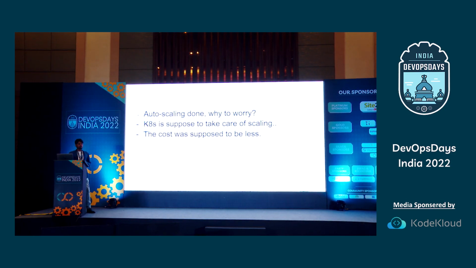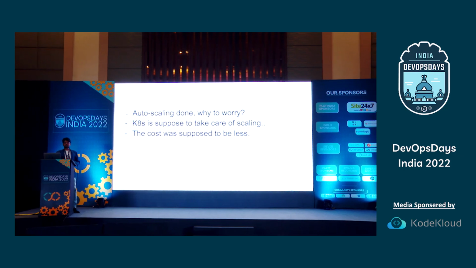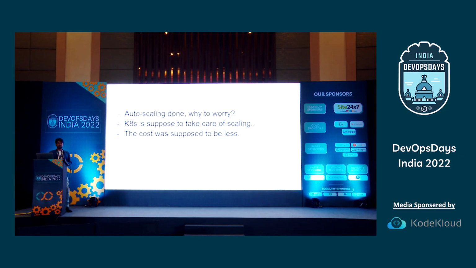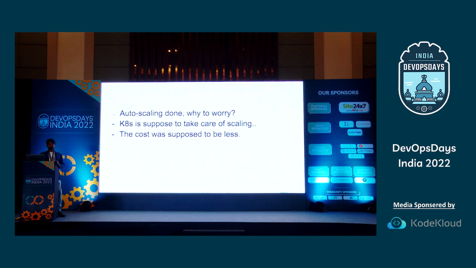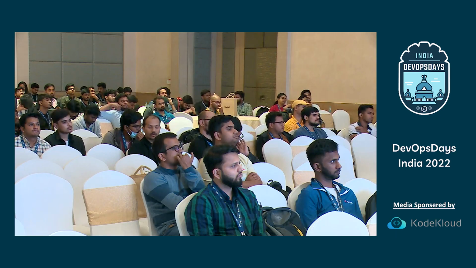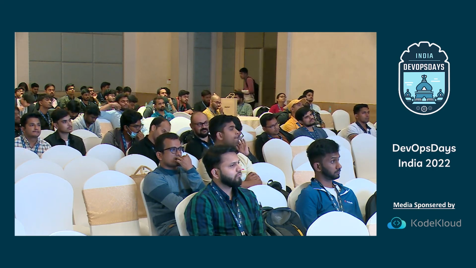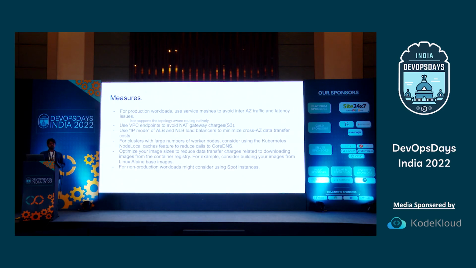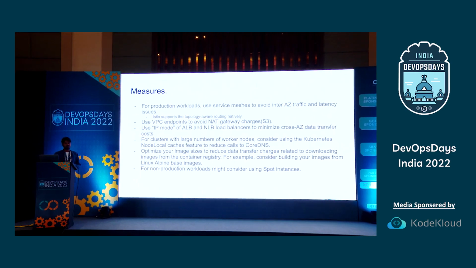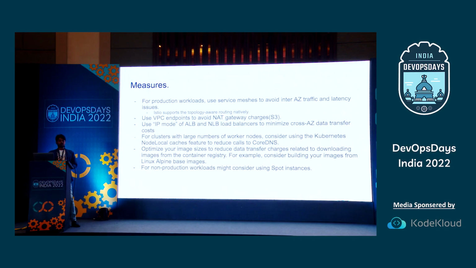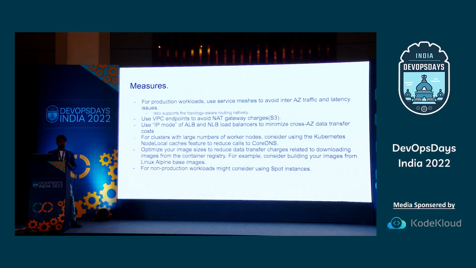And after some quarters or review meetings, it turns out that we started using a containerized platform and the resources and costs are going up. So how does that happen? That is because if you are using multi-AZ node groups, the traffic between the Kubernetes pods and services is being interchanged across the availability zones, and public clouds like AWS or any other will charge you on the data transfer.